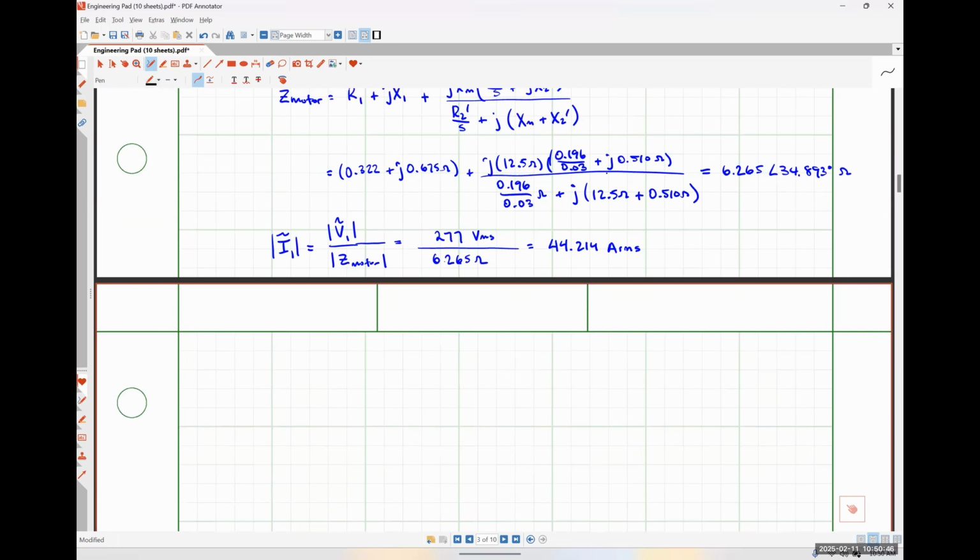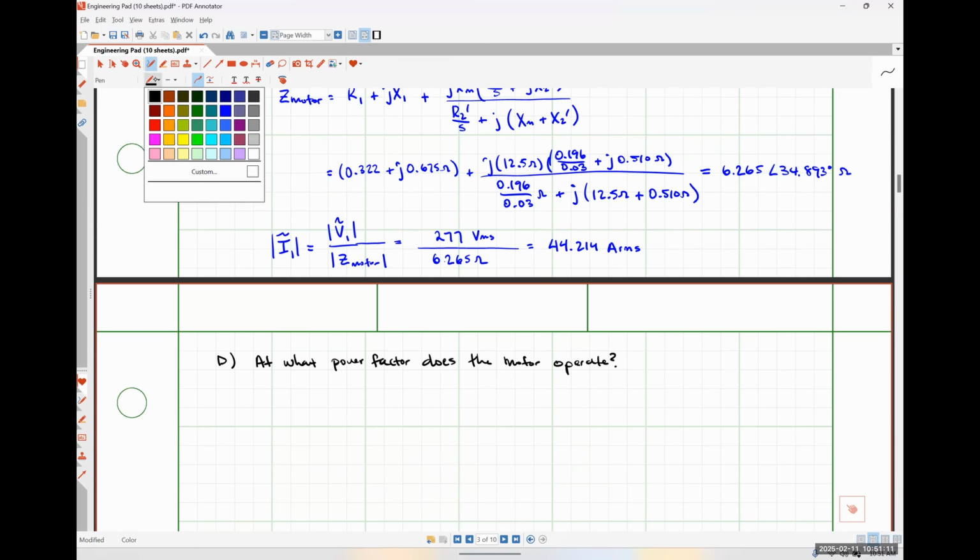All right, so part D. At what power factor does the motor operate? Okay. So, anybody have any thoughts on this guy specifically?